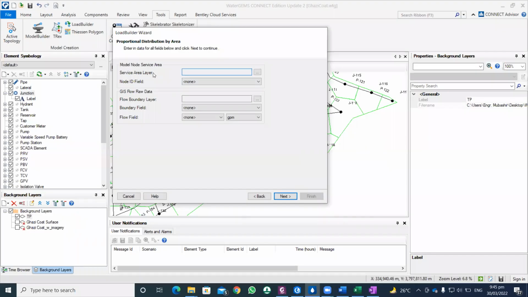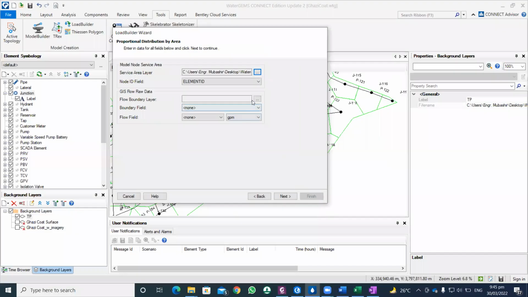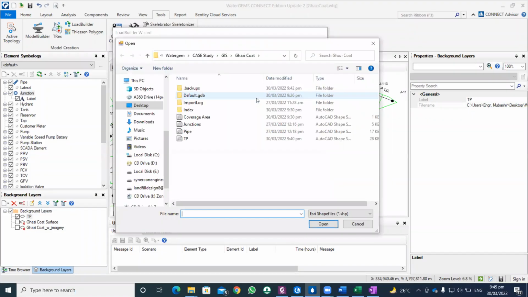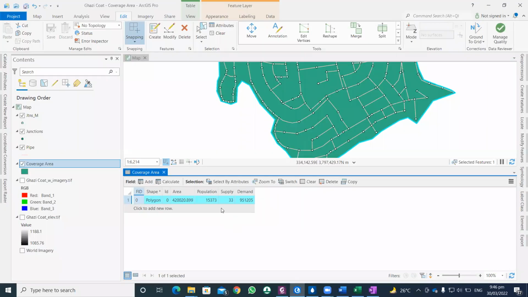So the service area layer will be the Thiessen polygon I have created, and the boundary layer will be the polygon, the coverage area, and the boundary field will be the demand, and the supply field will be this one.